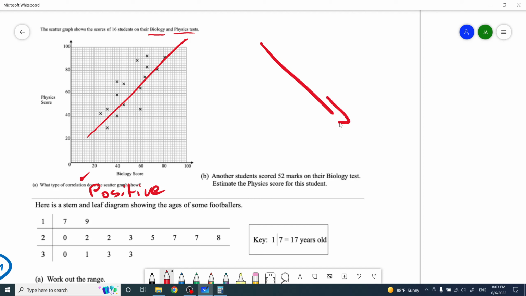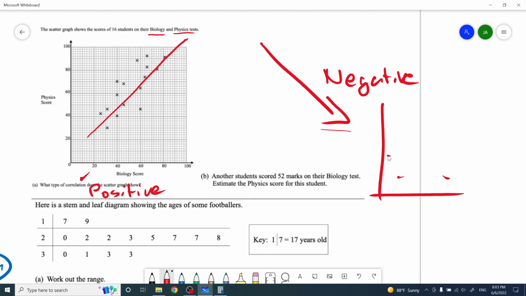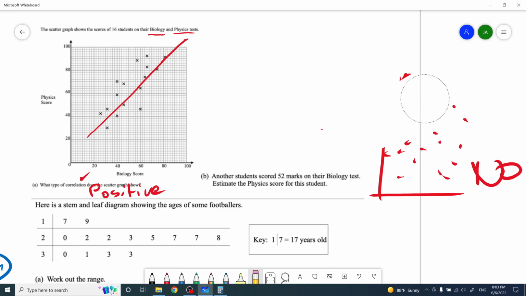If we had one going up but the other going down, we would call this a negative correlation. And if you have a graph where you just have a bunch of random or seemingly random points, you can say that there is no correlation, okay? Just as a quick refresher.